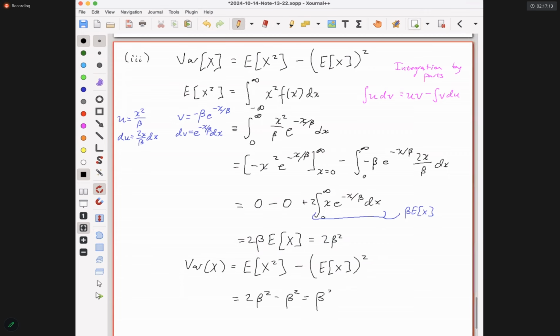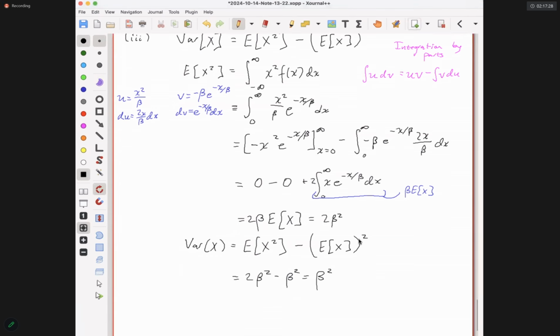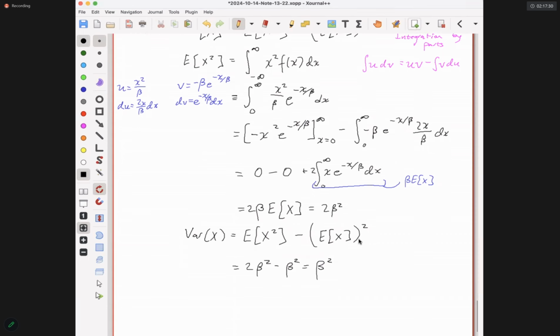And so this is beta squared. Does that make sense? Okay. So this is the variance of x, the variance of the exponential distribution with parameter 1 over beta.